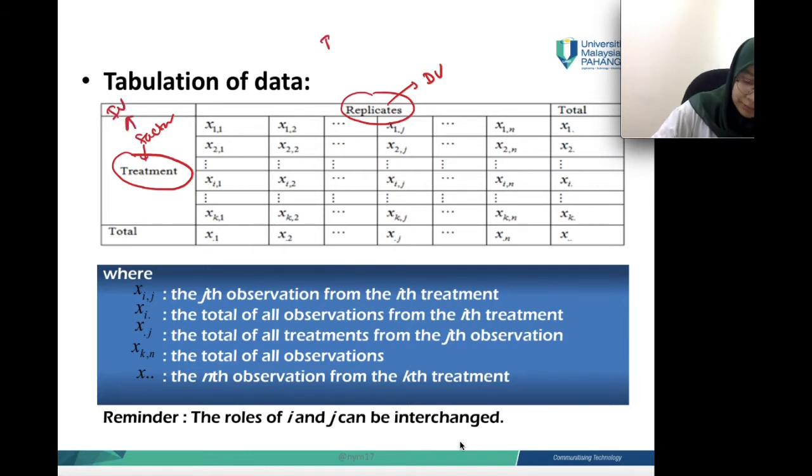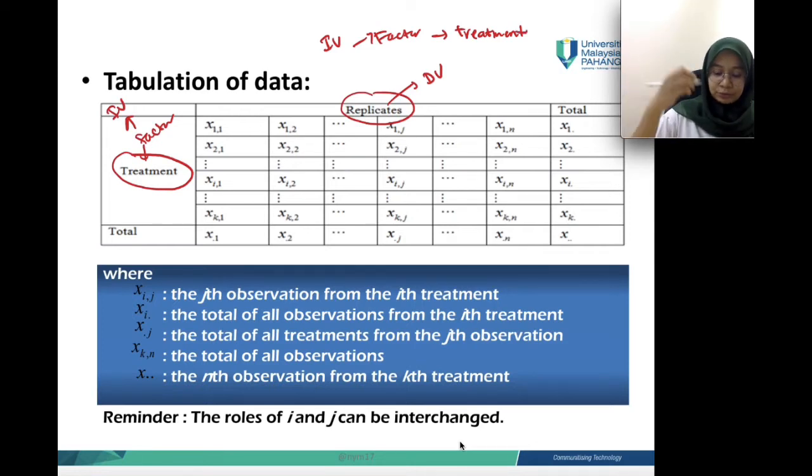So you have the independent variable, from this you will have the factor, and from this factor you will have the treatment. From all these, you will have the model later on. So x11, x21, this is all data. Total is total row 1, total row 2. Don't worry much, we will look at it later. This is just the concept of tabulation of data.